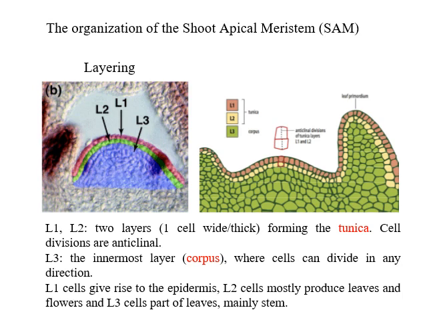Here's another slide to illustrate the layered structure of the shoot apical meristem. First, a generic drawing that shows that anticlinal divisions in the L1 layer and L2 layer give rise to the two layers of the so-called tunica.